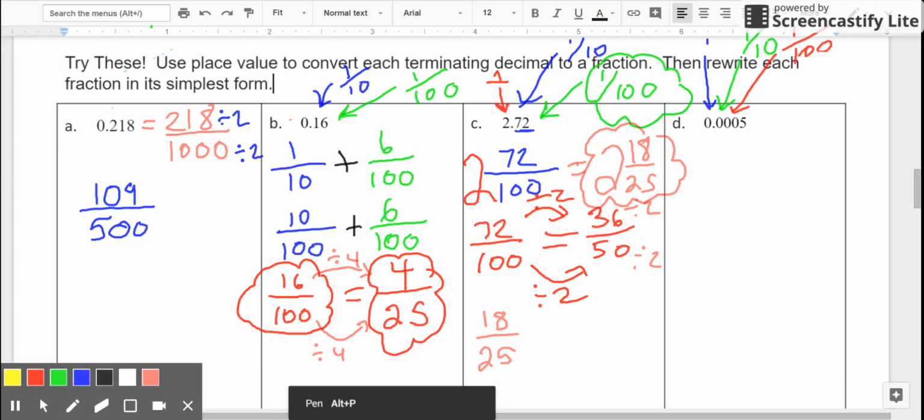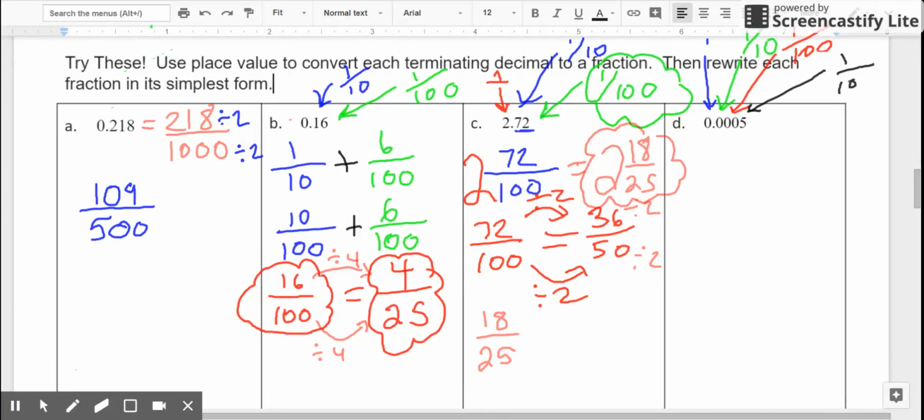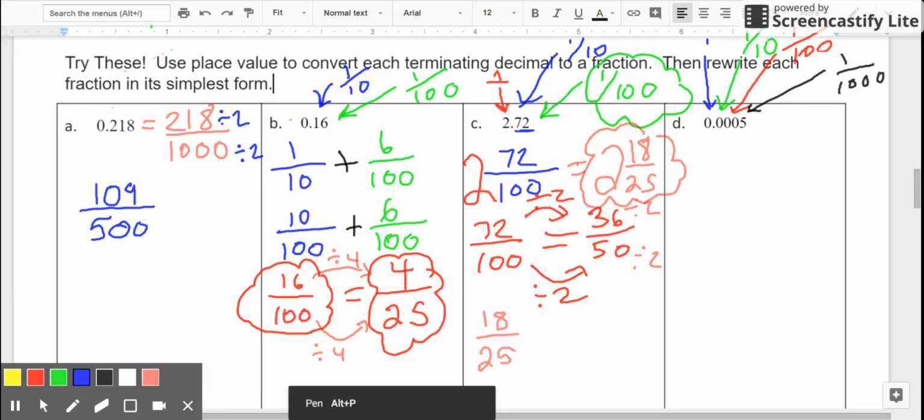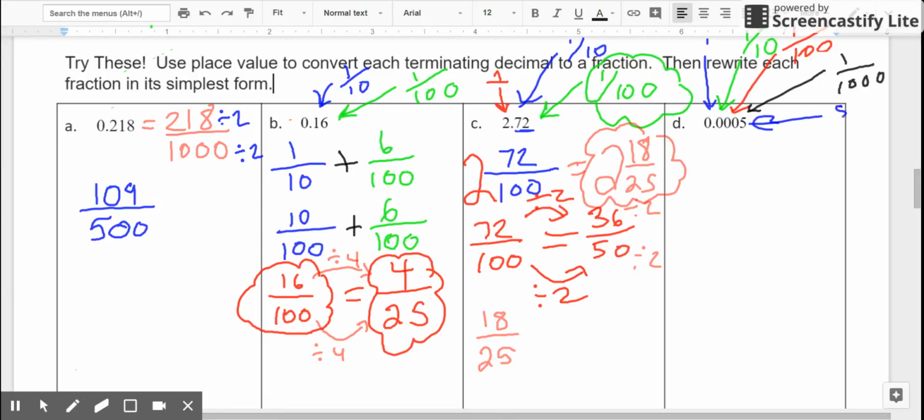I even have a 0 in my thousandths column. This 5, it's in my 10,000ths column. So you know that you're talking about 5 10,000ths.